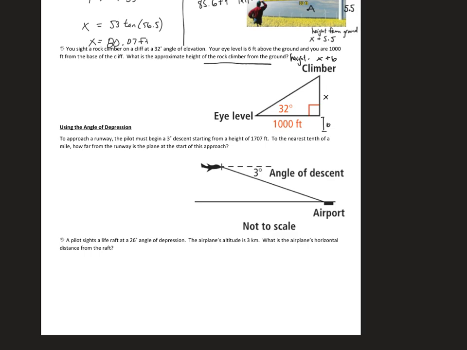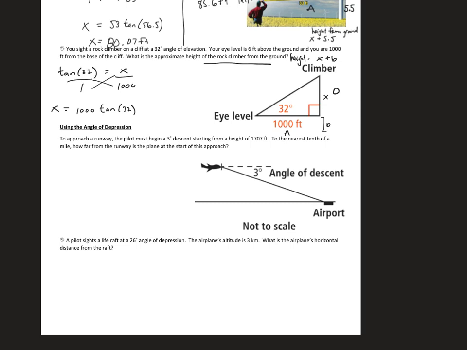Again, if I look, I have opposite and adjacent. So this is going to be the tangent of 32. That is equal to x over 1,000. Cross multiply. 1,000 tangent of 32. That's what x is equal to.